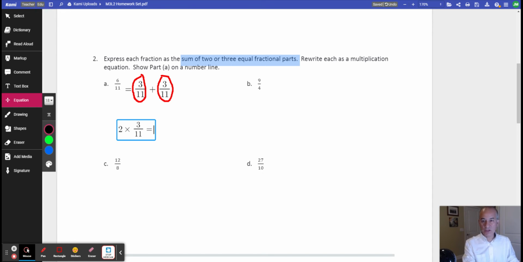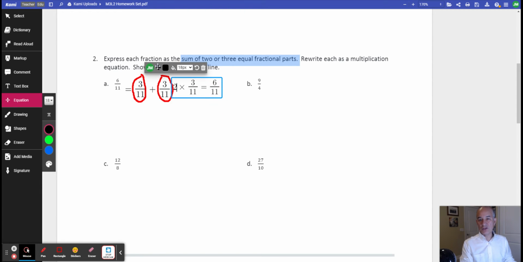And that, my friends, will equal the same amount, 6/11. So that's what they're asking us to do, to turn that problem into a multiplication. And let me place an equal sign so you can see that these three answers are all the same.